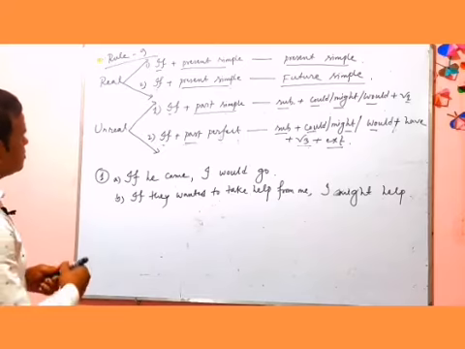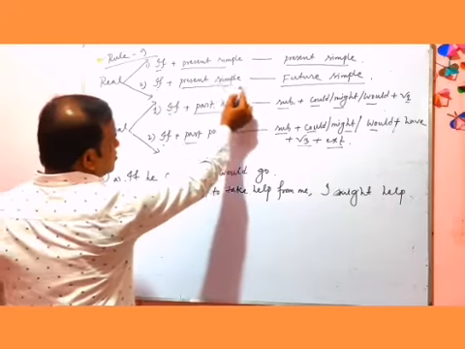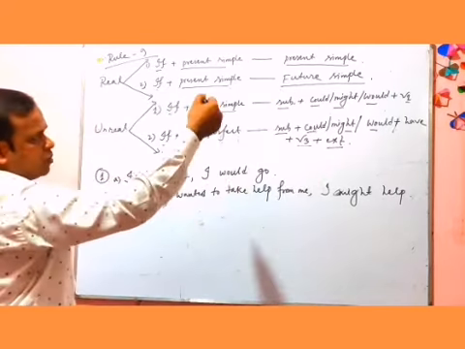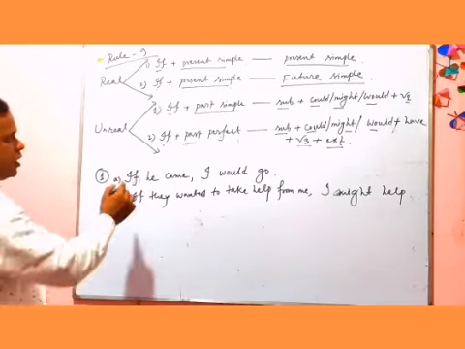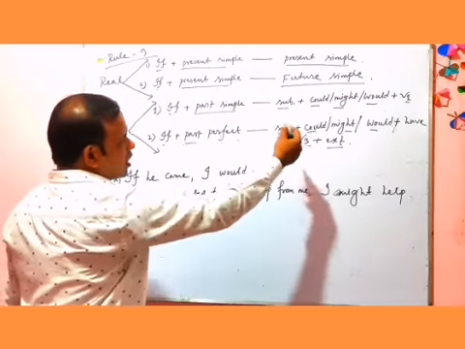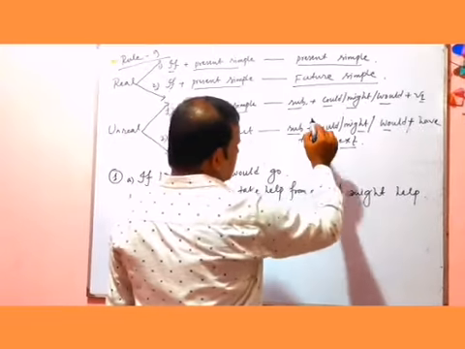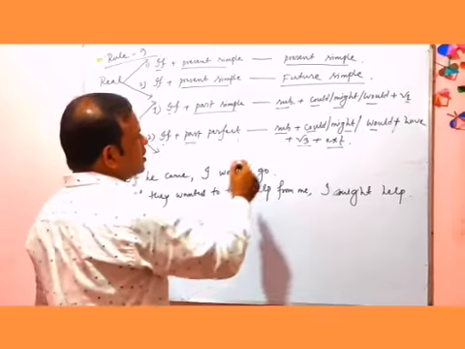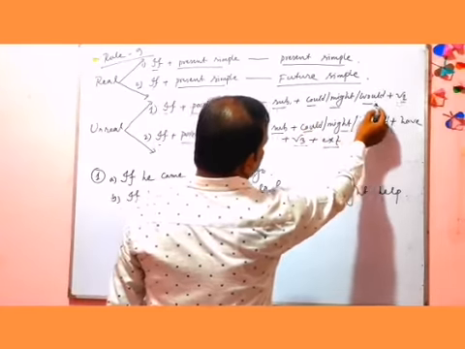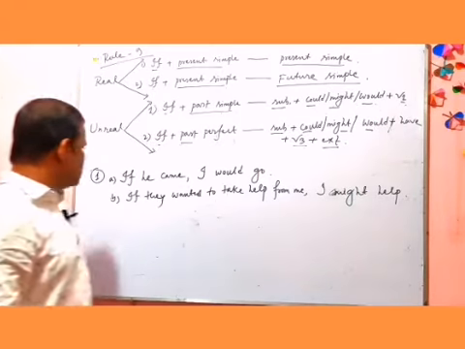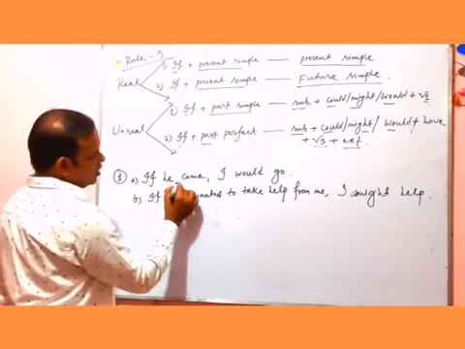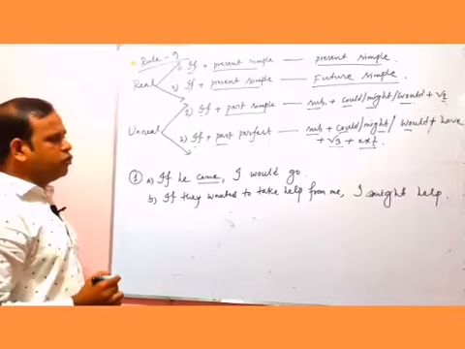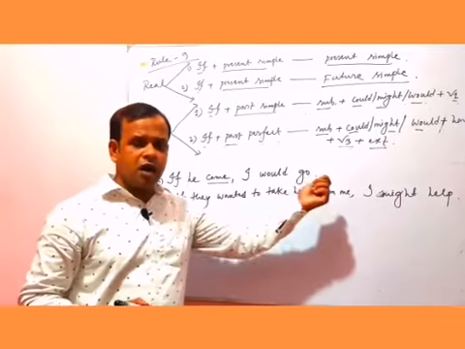My dear students, if plus present simple, the next part will be future simple. If plus past simple, the next part will be like this: subject plus would, might, or could plus verb 1. Suppose if he came, I would go.